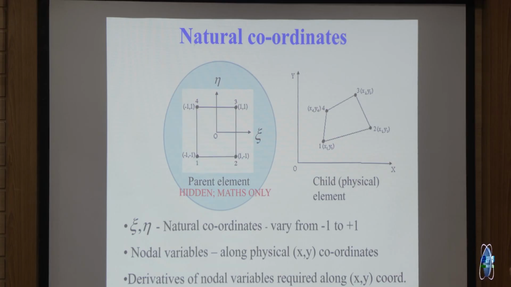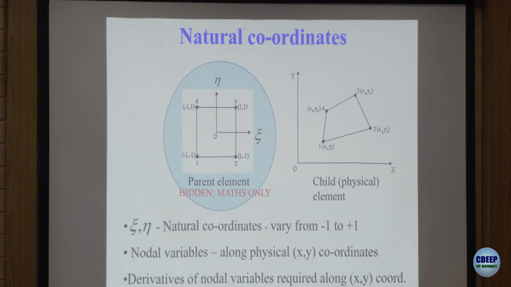So you see the left hand side and the right hand side pictures. The left hand side picture shows this mathematical or computational model coordinates, which are zeta and eta. In those coordinates, the element will always be a perfect square of size 2 by 2.